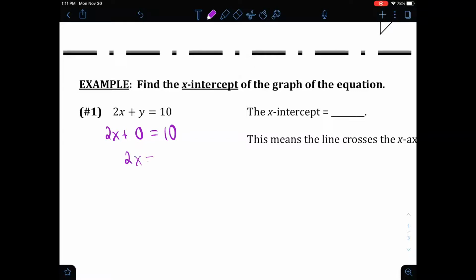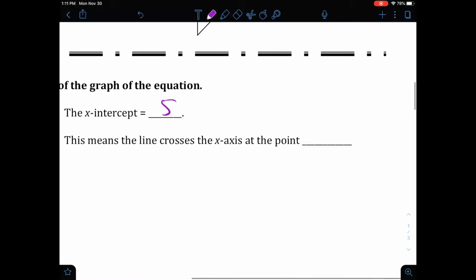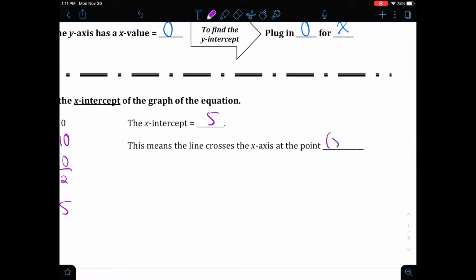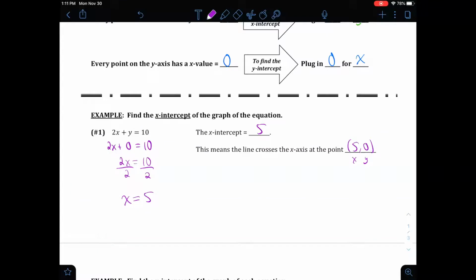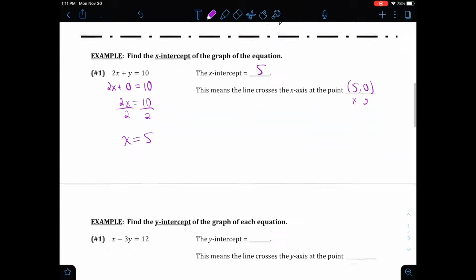And we get 2x plus 0, which is just 2x equals 10. Divide by 2 on both sides. x is going to be equal to 5. So the x-intercept is going to be 5, or it crosses the x-axis at the point 5, 0.